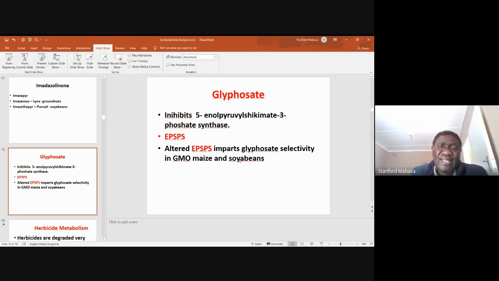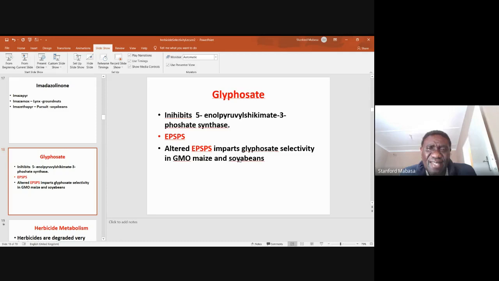The altered EPSPS, which is done artificially in GMOs, enables us to use glyphosate to kill weeds in maize and the soybeans. So there is genetic engineering which has been done on some crops to create GMOs.